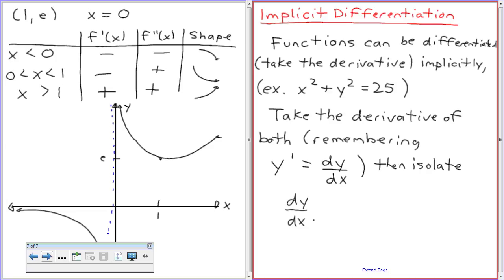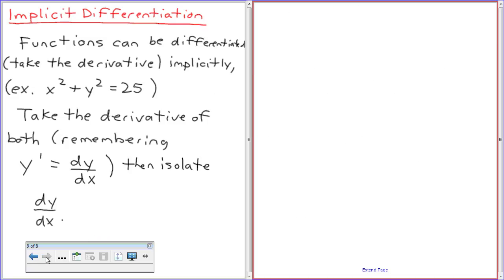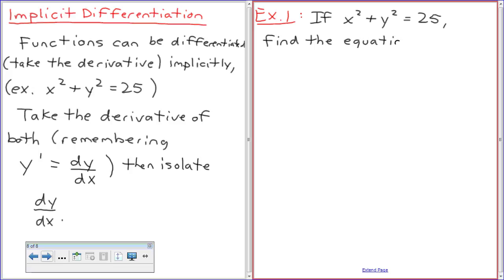I'll do a nice example to start off first, and then I'll let you guys try one yourselves. Example 1 says, if x squared plus y squared equals 25, find the equation of the tangent at the point.